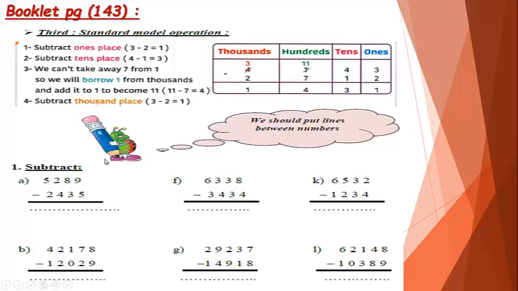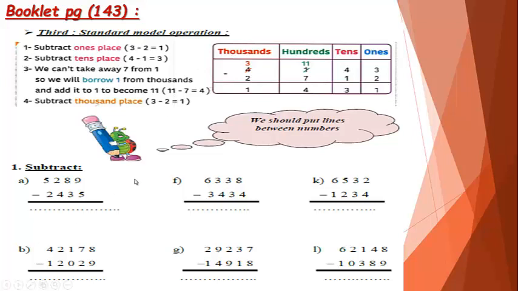I have no problem in this, but the only one small problem that you always face is if we have a bigger number down. If I want to subtract a big number from a small number, I cannot take a large number from a small number. For example, I cannot take 9 from 8. It can't be. What we are going to do in this case is go to the next house and borrow 1 from this house.